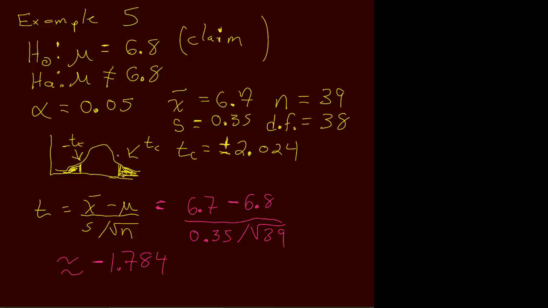So that number is right in there. So this is not in the rejection region. So we cannot reject the null hypothesis.